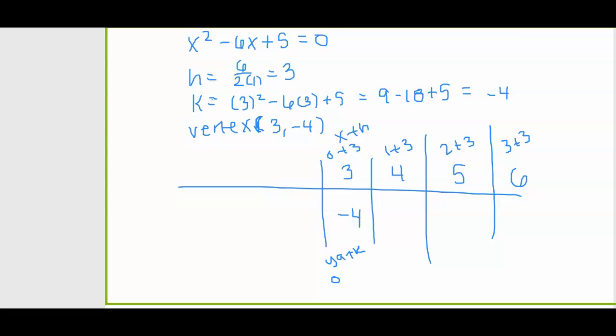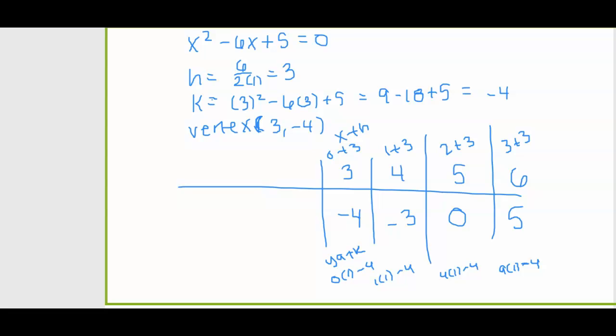So that's 0 times a, which is 1, plus k, which is minus 4. 1 times 1 minus 4. And then 4 times 1 minus 4, and 9 times 1 minus 4. So this is still my y equals a plus k, it's just down on the bottom. So it's negative 4, negative 3, 0, and 5.